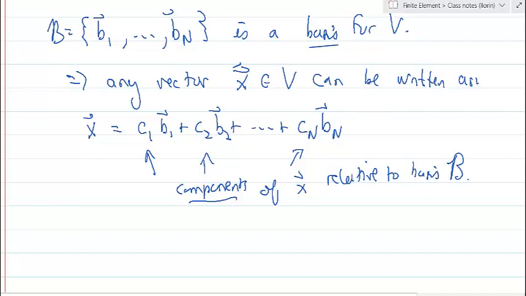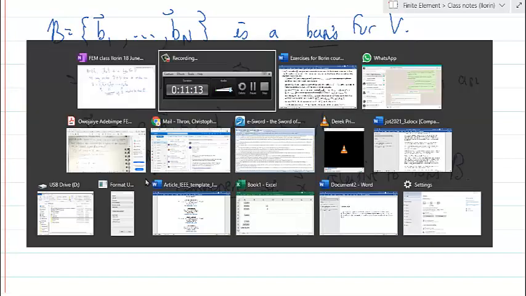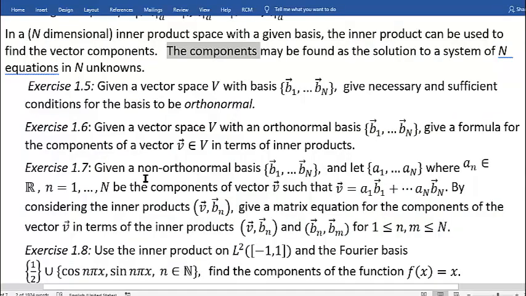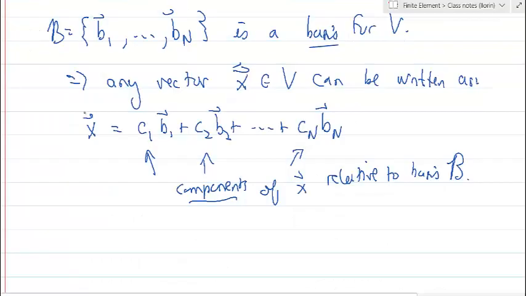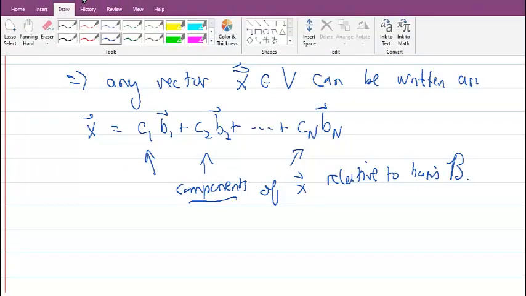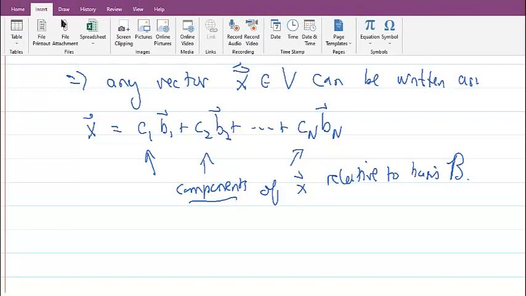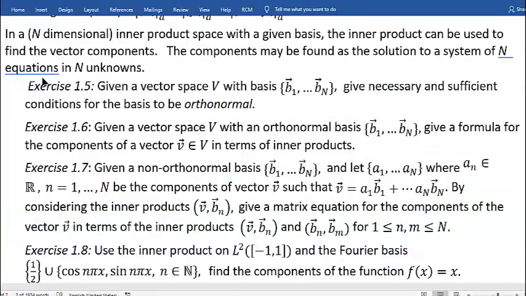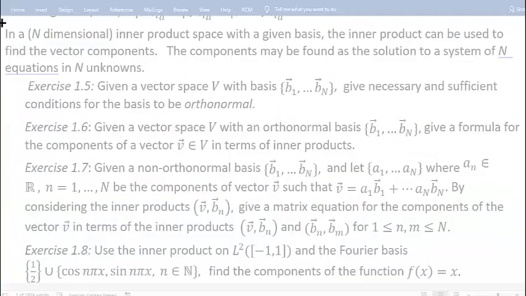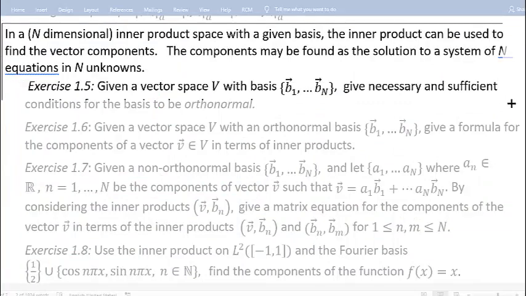All right, so let's take a look at the problem. Exercise 1.5. I'll get my screen clipping, and I'll clip this also, just so that we can see what's going on.